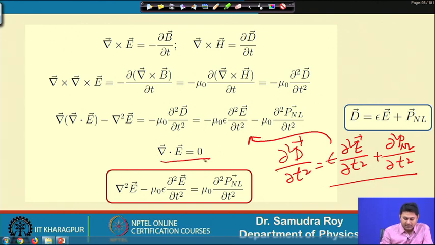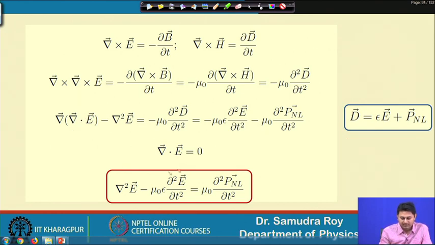Now grad dot E is 0, so this term will cancel out. So, eventually we have this equal to the right hand side. This is the equation that is given inside the box.